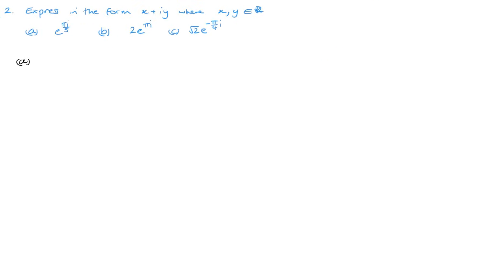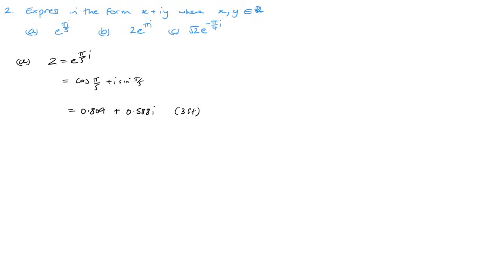Okay, so A is obviously e to the pi by 5i, which becomes cos pi by 5 plus i sine pi by 5. And cos pi by 5 is 0.809 plus 0.588i, correct to three significant figures.